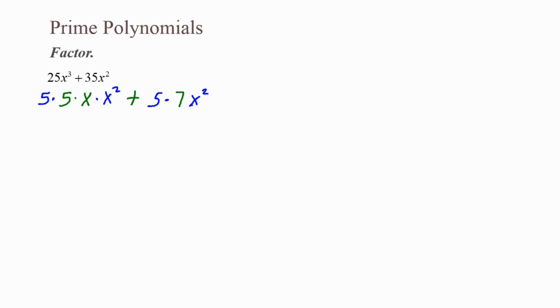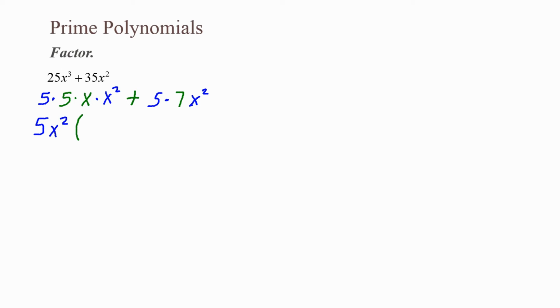Both 25 and 35 have a factor of 5 in common. For x cubed and x squared, the greatest common factor is going to be x squared. So what I have in blue is my greatest common factor, 5x squared. What I have in green is what's left when you factor out 5x squared.